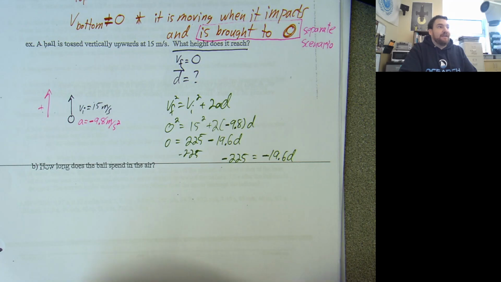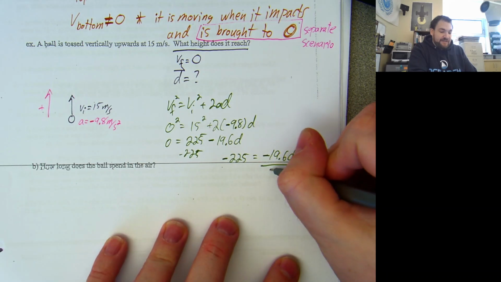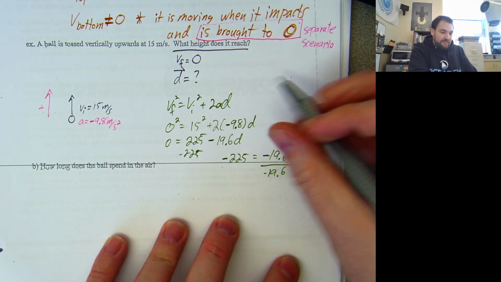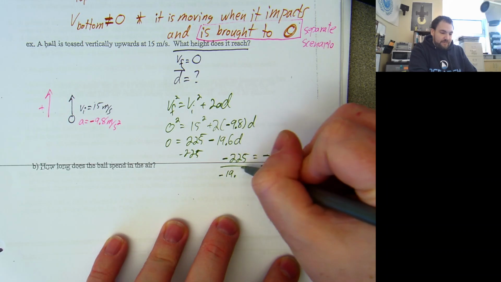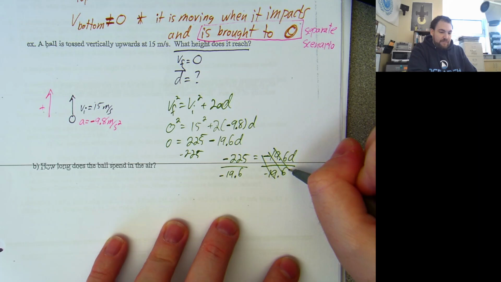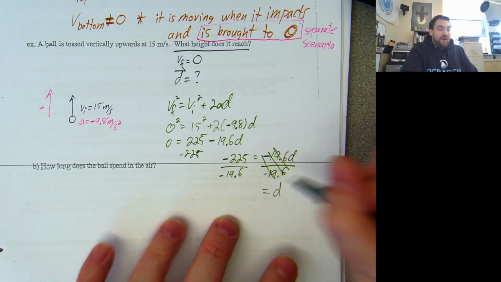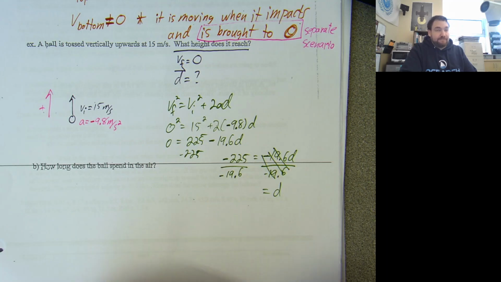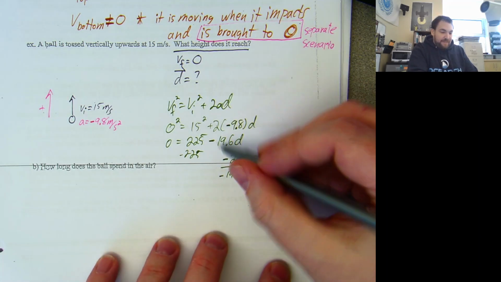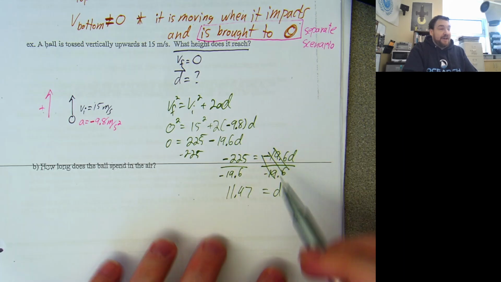Solving for D, we do what? Divide by negative 19.6. And we get that the displacement of our object is what? You all should have calculators, just so you can make sure you can actually do it yourself. 11.47, and that is a positive value.